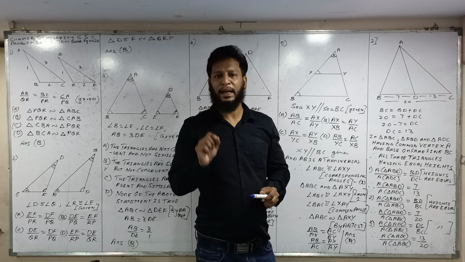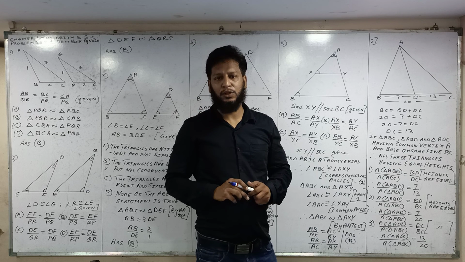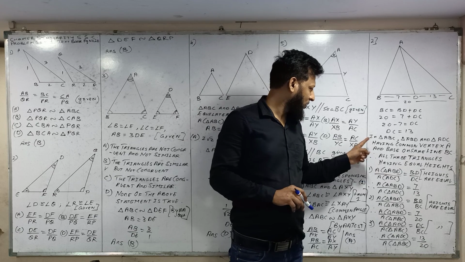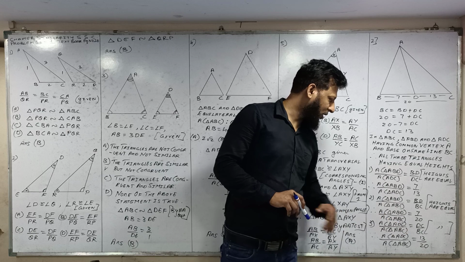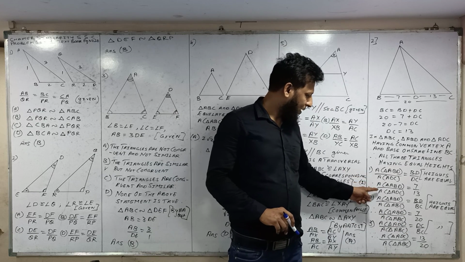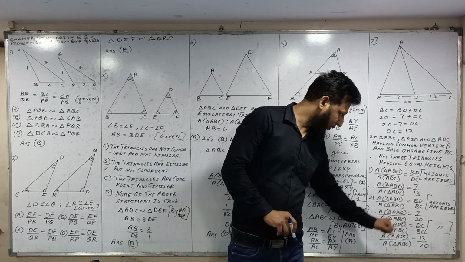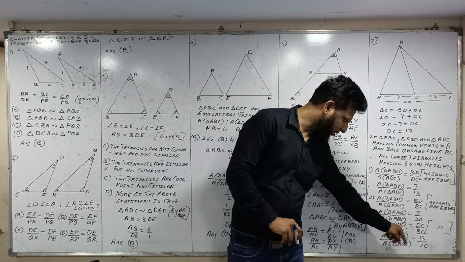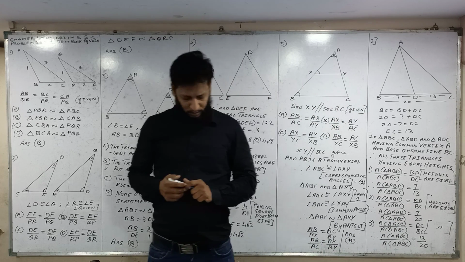When triangles have equal heights, the areas are proportional to their bases. So ABD upon ADC is 7 upon 13, ABD upon ABC is 7 upon 20, and ADC upon ABC is 13 upon 20.